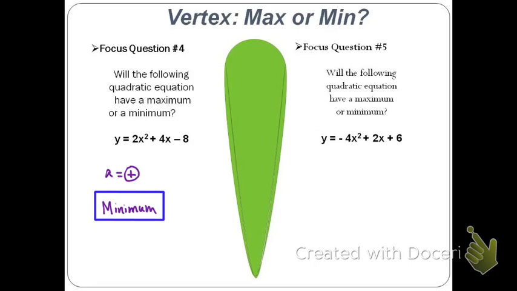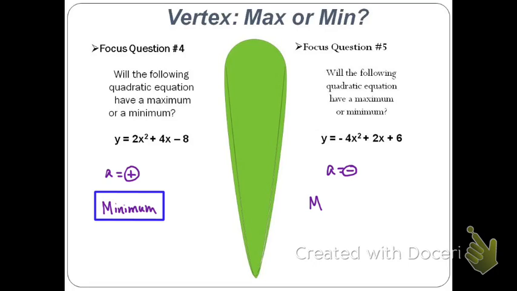Now, if you look over to the right, you'll see, what is a? A is negative. We have -4 here, and again, I don't care about the 4. I just want to know that a is negative, and that means that do we have a maximum or a minimum?